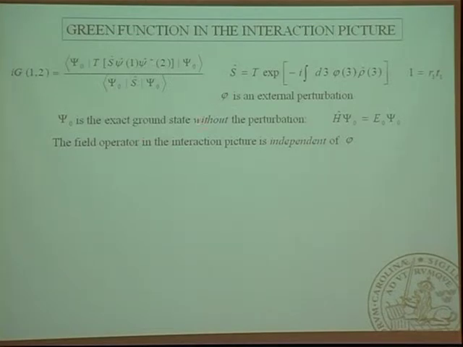So there is no dependence of the field operator on the external perturbation. This is the field operator in the interaction picture. It's just a unitary transformation of the Schrödinger field operator.